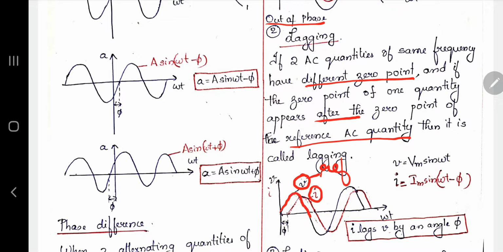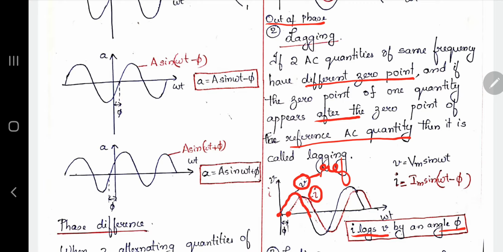Comparing with the reference quantity, we talk about the other one, the current waveform. Here you can see the current waveform's zero point is coming after the voltage zero point, which means it is coming after.